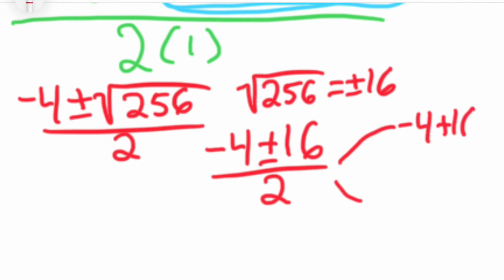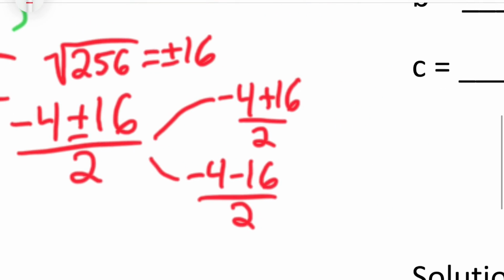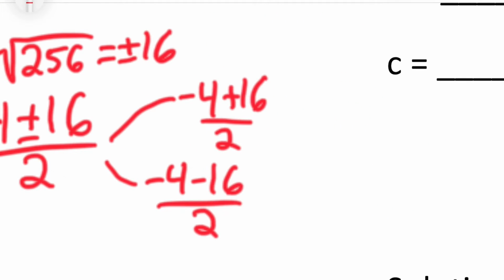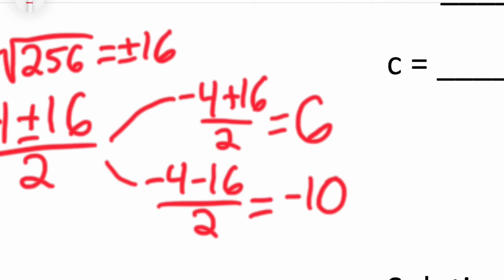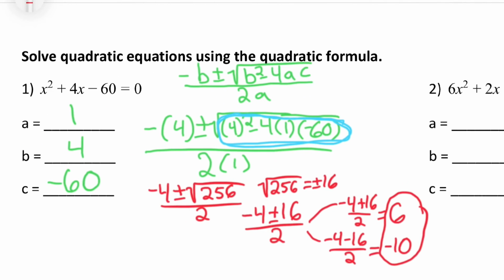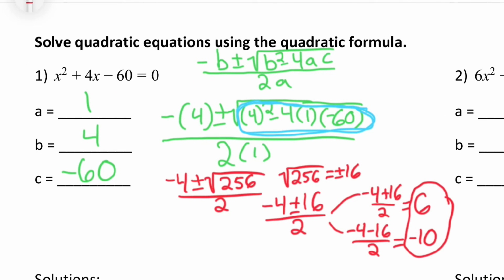And this gives us negative 4 plus 16 over 2 and negative 4 minus 16 over 2. And then we can simplify these, remembering that that plus and minus is giving these two different options, or two different solutions. So on the top one, when we're adding, we're going to get 6. On this last one, we're going to get negative 10. And these are going to be our two solutions for number 1.